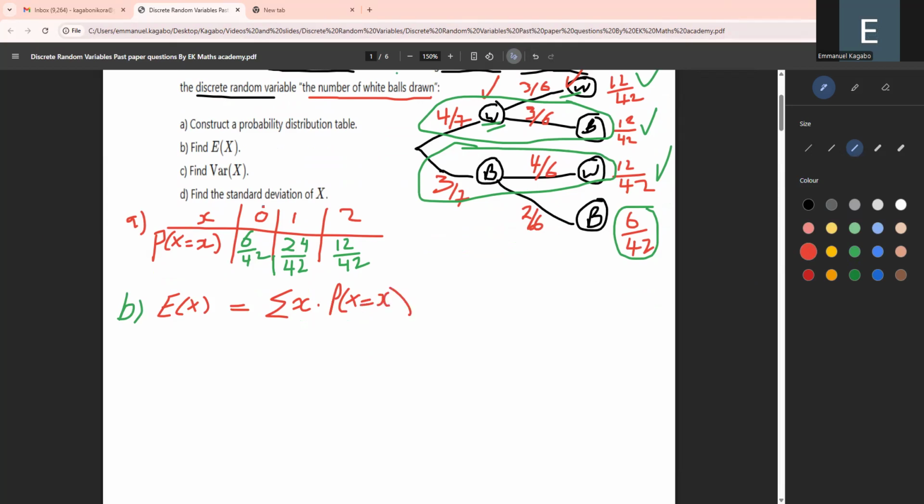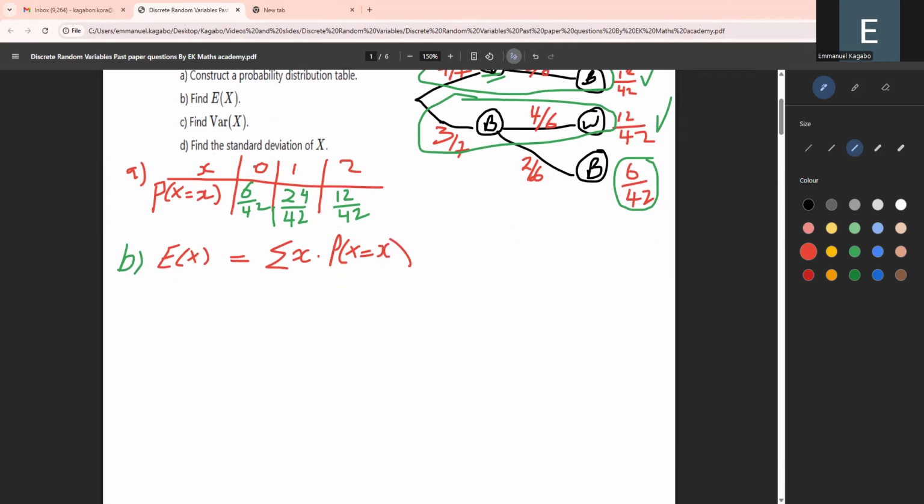Okay? What does that mean? It means you have to get your x value. What's my x value for the first place? It will be 0. So it's going to be 0 times the corresponding probability, which is 6 out of 42 altogether here, plus, because they said summation, plus the next x value, which is 1, times the corresponding probability, which is 24 out of 42 altogether, guys.